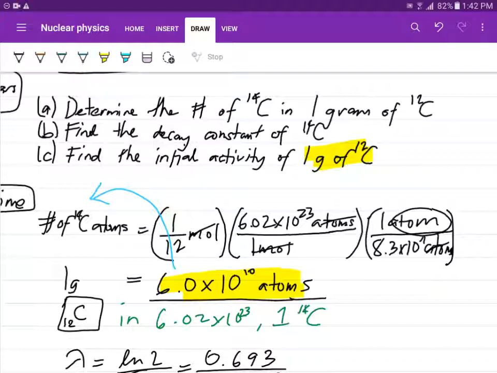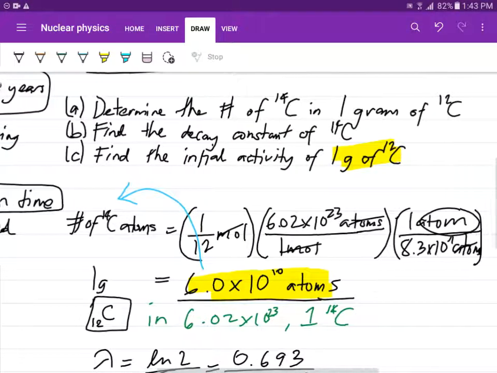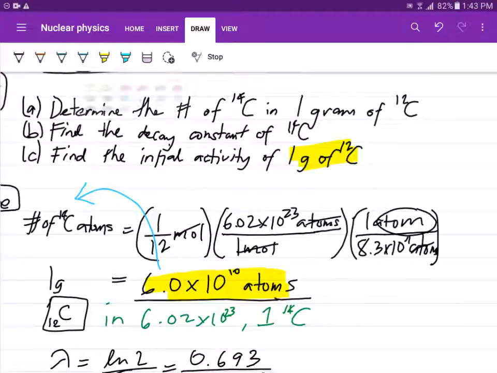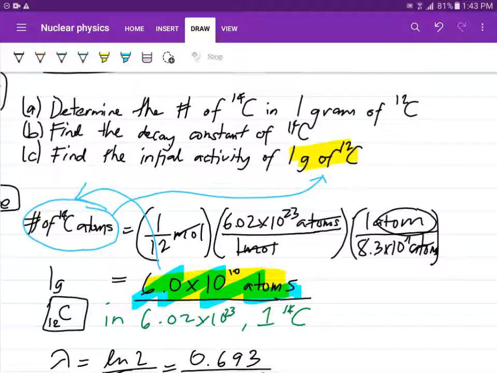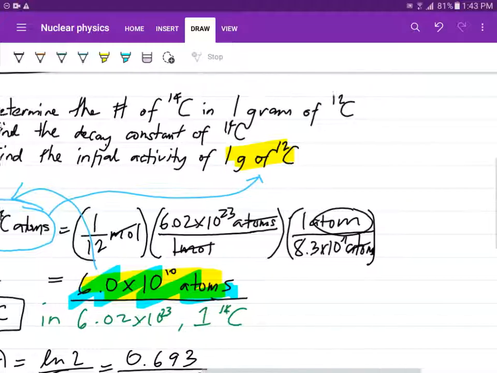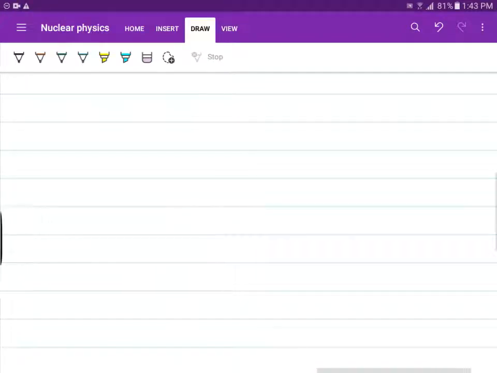We will find not the initial activity of carbon 12 but the initial activity of the amount of carbon 14 atoms in that 1 gram of carbon 12. Just to clarify, carbon 12 is not radioactive. What's radioactive is carbon 14, and in that carbon 12 we have this amount of carbon 14. So let's find the initial activity of carbon 14 in that 1 gram of carbon 12.